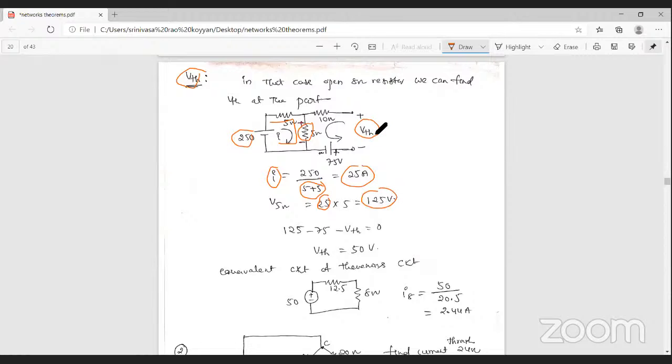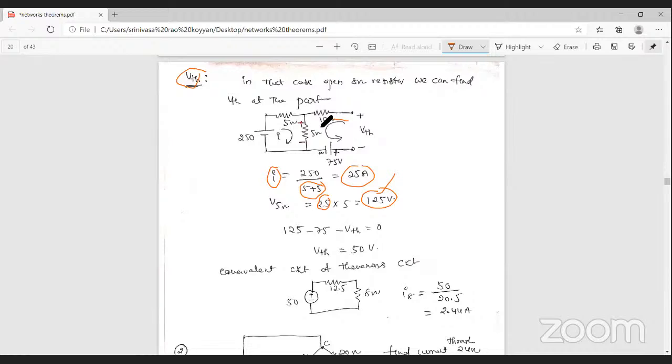But we require the Thevenin's voltage. For this purpose, apply loop analysis in this loop. In this loop there is no current passing, so the voltage across the 10 ohm resistance is 0. The voltage across the 5 ohm resistance is already found to be 125 volts. Once again, I will explain.